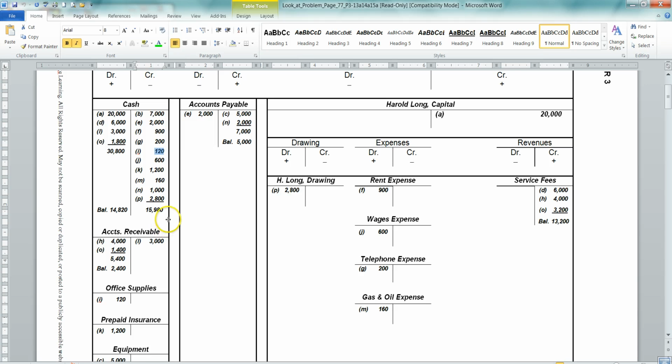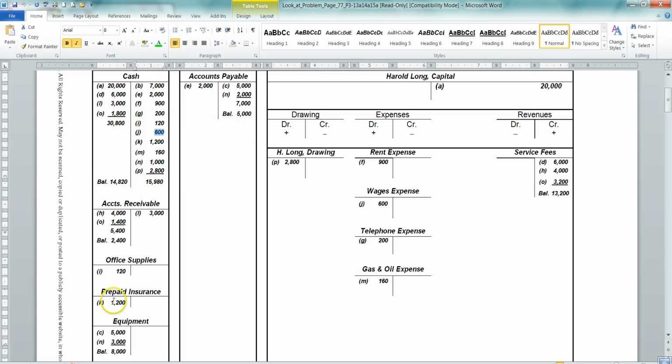Paid wages to student for $600. We're going to debit wage expense and credit cash. Purchase 1 year prepaid insurance.